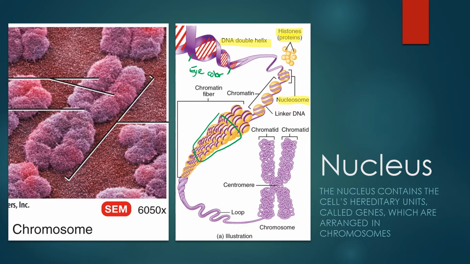This bow tie structure is called a chromosome. Now, as you can see, because it's so compacted, there's a ton of DNA within these chromosomes.